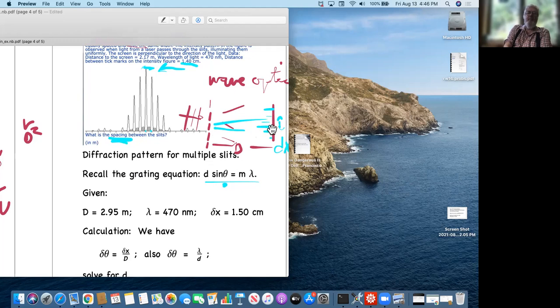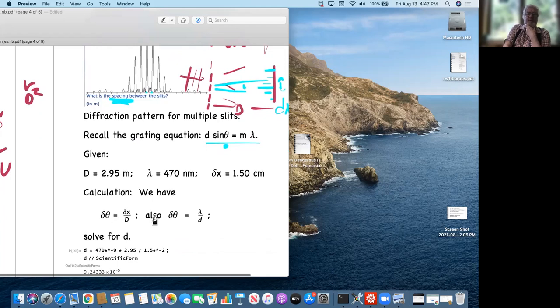Making an approximation, it's about this distance divided by this distance. More precisely, that's the tangent of theta. Delta x over D is the tangent of theta. But if theta is small, then tangent of theta is about the same as theta.